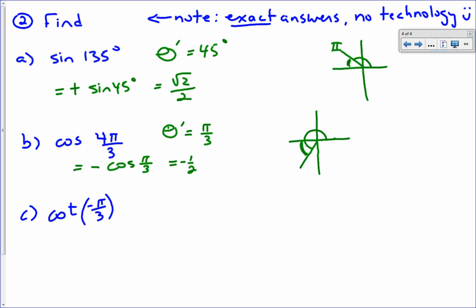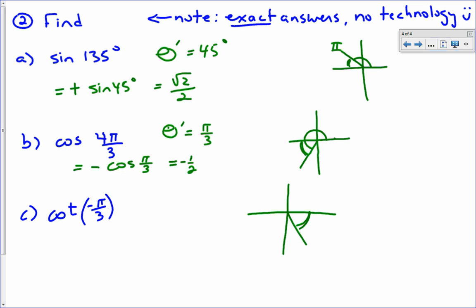Okay, so we're using two different pieces of information. We're pulling them together to be able to find sine and cosine of lots of different angles around the Cartesian plane here in standard position. So the cotangent of negative pi over 3, here's the first negative one that we're dealing with. Well, if we go negative pi over 3, we're right there.